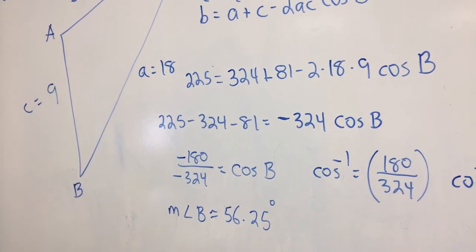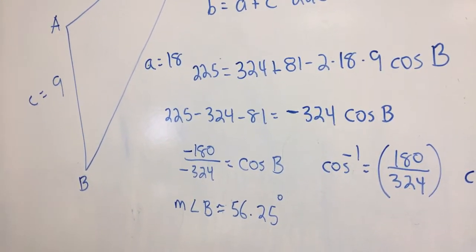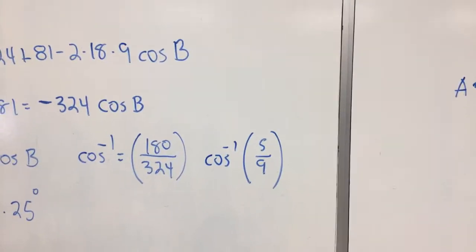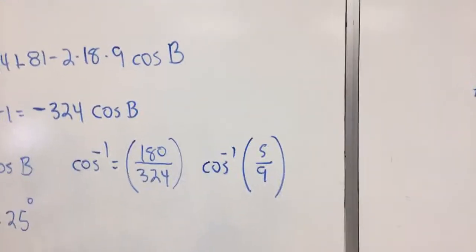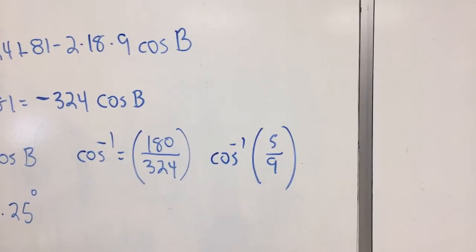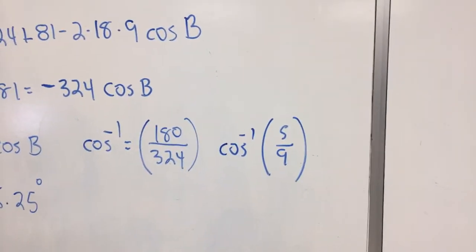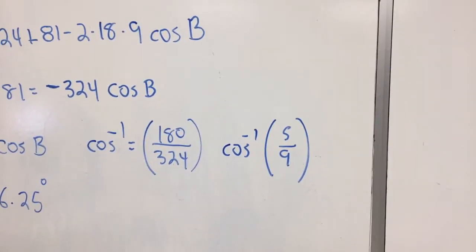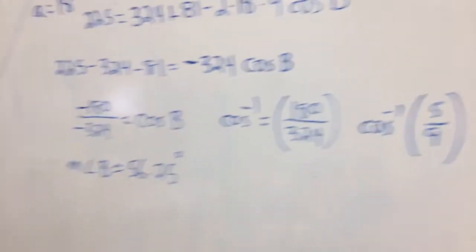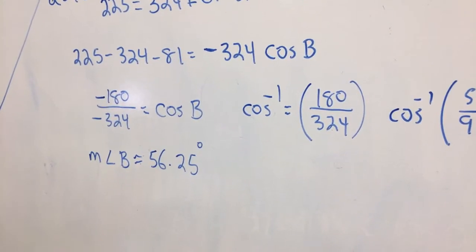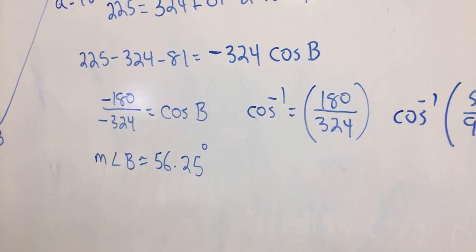That cleans up nicely to positive 5/9. Ta-da! Then you go second cosine, or if you have a dedicated inverse cosine key, you can use that. Enter 5/9, and you'll find that the measure of angle B is equal to 56.25 degrees.